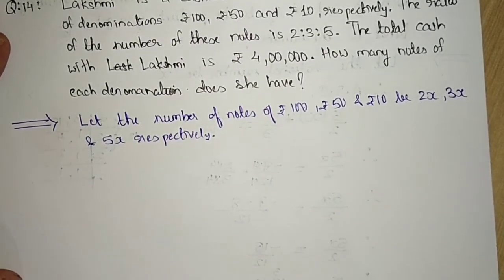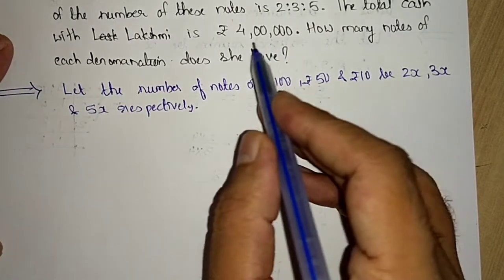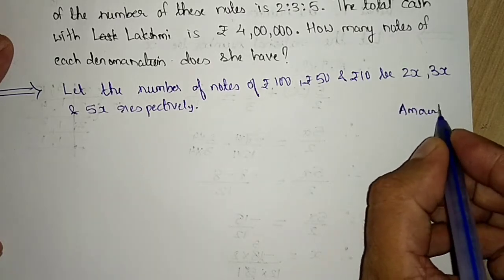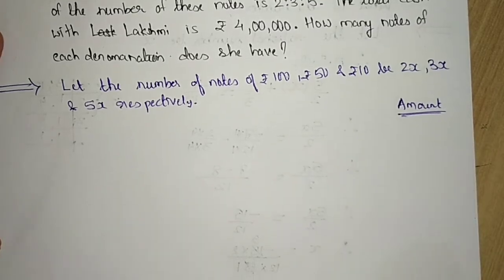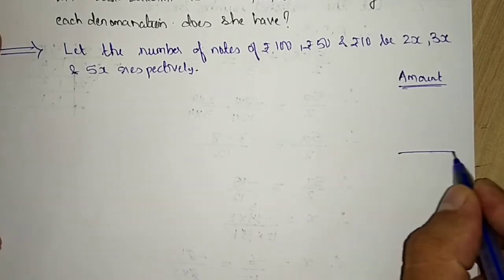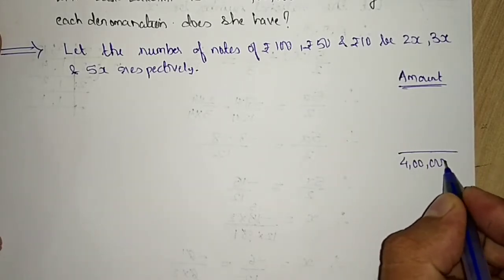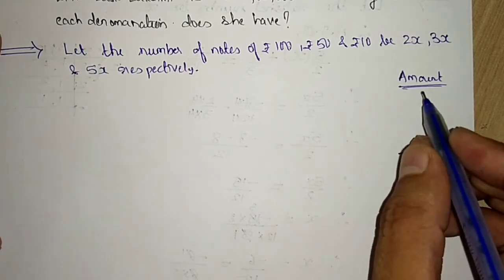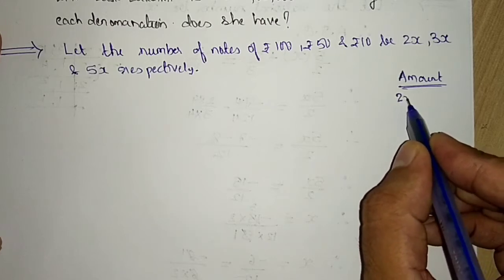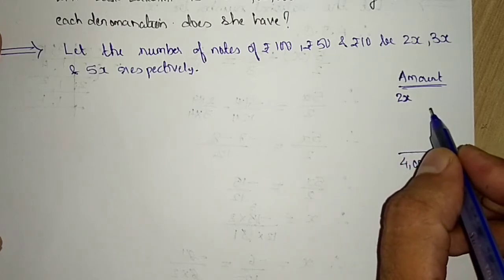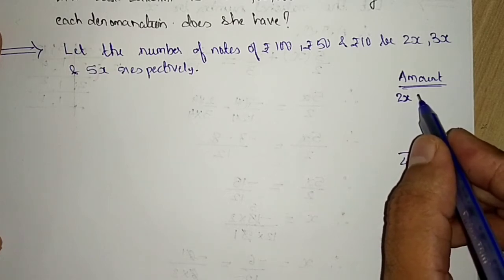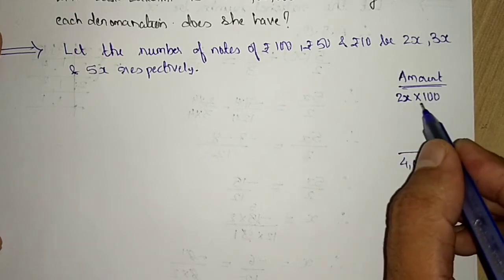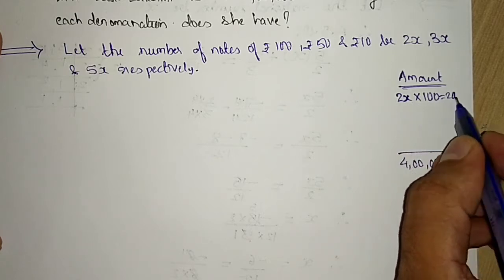Now students, the total amount which she has is 4 lakh rupees. Let me write down the amount and try to explain. 2x is the number of 100 rupees notes, so its total will be 100 into 2x, that means 200x, right?